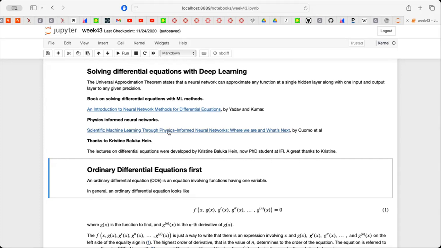You can find a recent overview article here on scientific machine learning for physics-informed neural networks, where we are and what's next. And there are textbooks on the introduction of neural methods to solving differential equations, and many other research possibilities which have popped up in the last years. So this is a very, very active field of research.